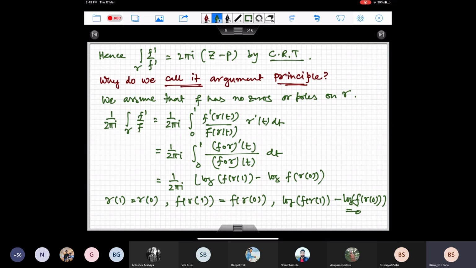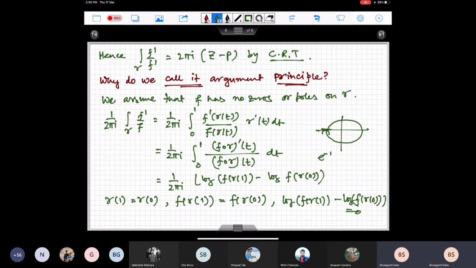For example, our principal argument was starting from minus pi going up to plus pi. Of course, you can say that minus one can have several different ways of representing its argument, right?